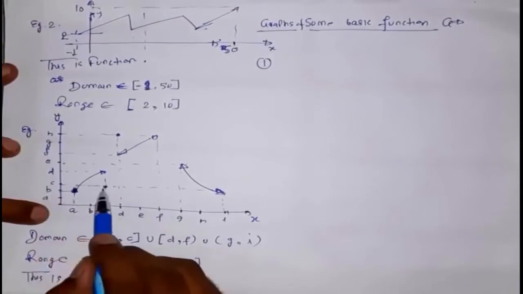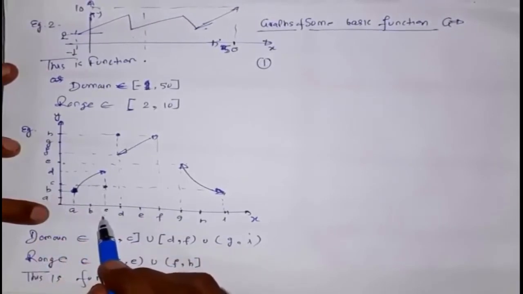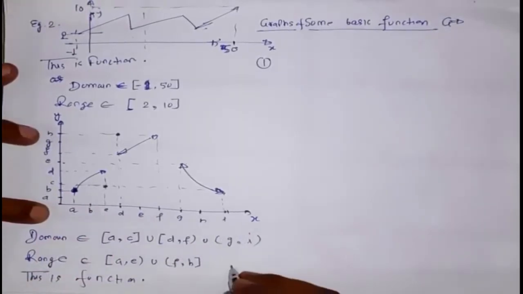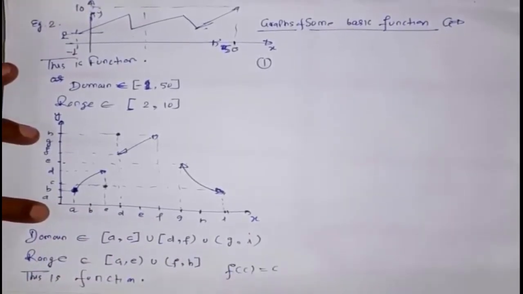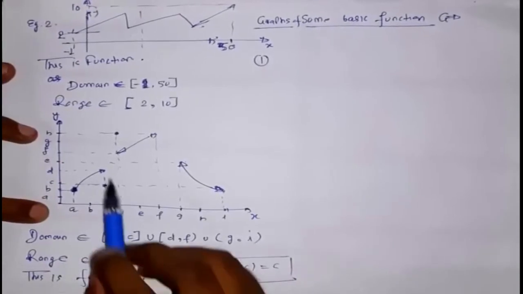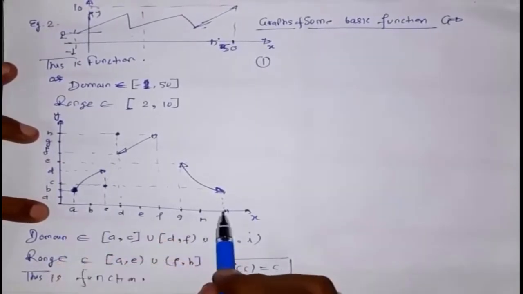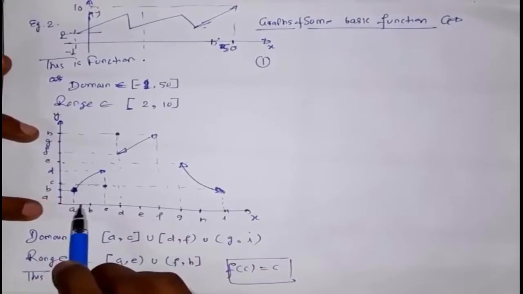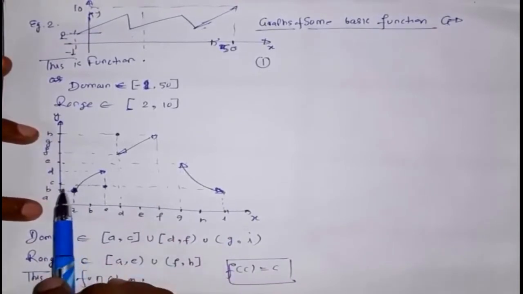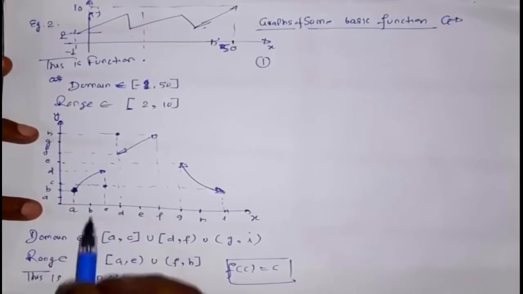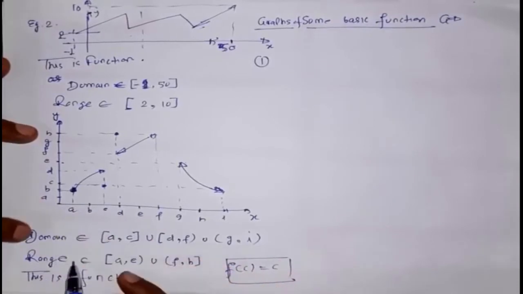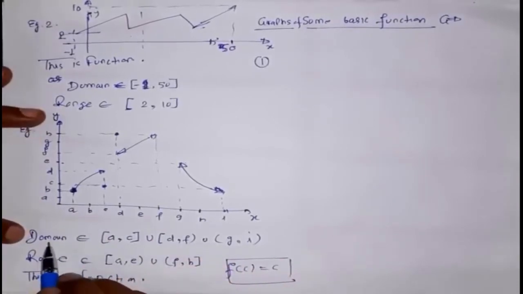The value of y is lying below the arrow. The value of the function for x equal to c is c, so I can write f(c) = c. In the whole domain, if we draw a line parallel to the y-axis, there will be only one point of intersection. So this is a function.